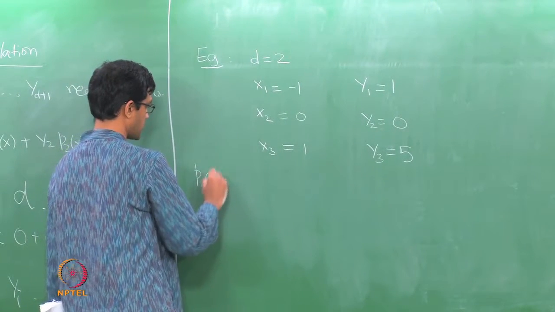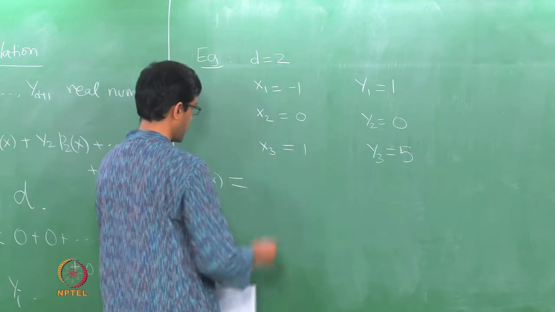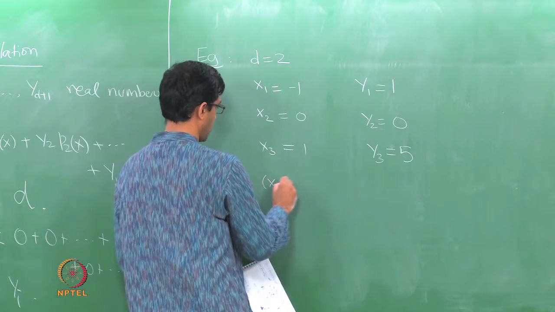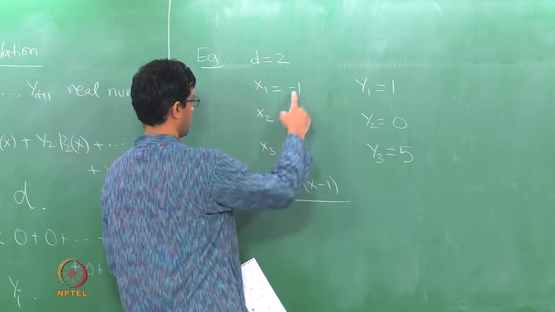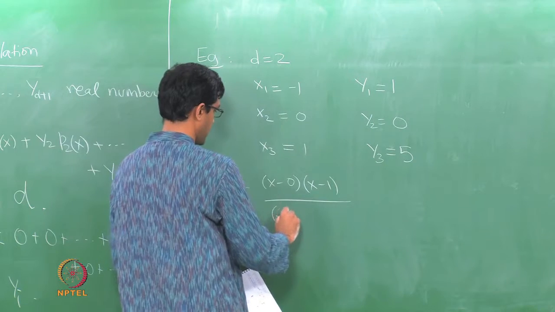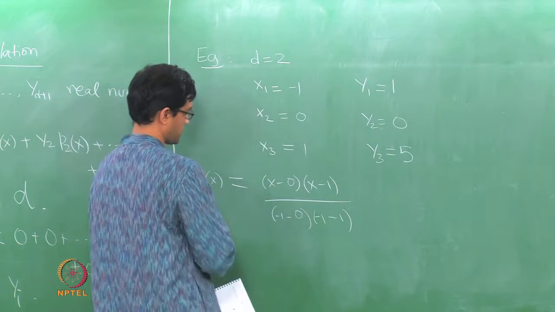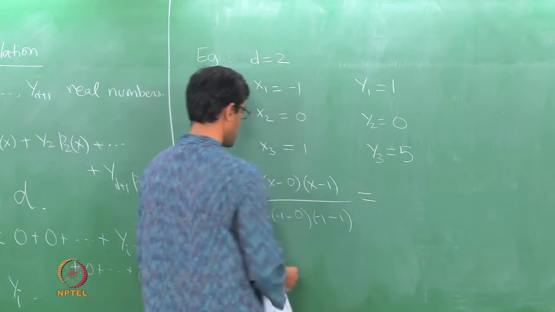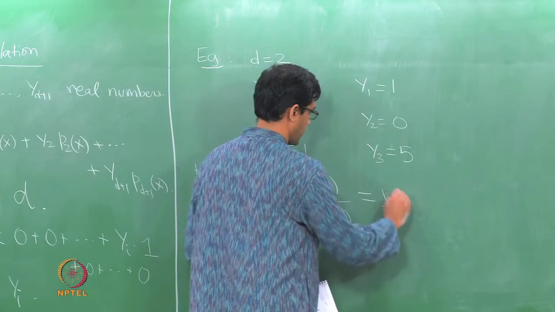So p1 of x, according to this prescription, is x minus 0 into x minus 1 divided by -1 minus 0 into -1 minus 1. So that's my formula for p1. If you work this out, it's half x into x minus 1.